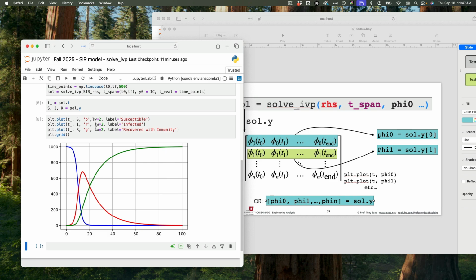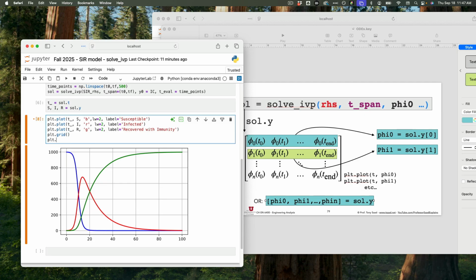Then you can put your labels, plt.xlabel, days, since patient 0, just days.